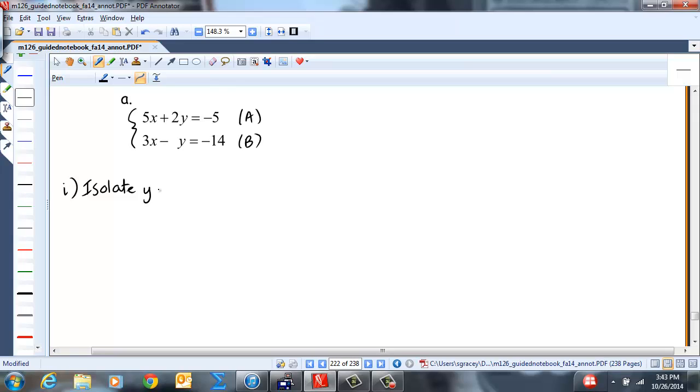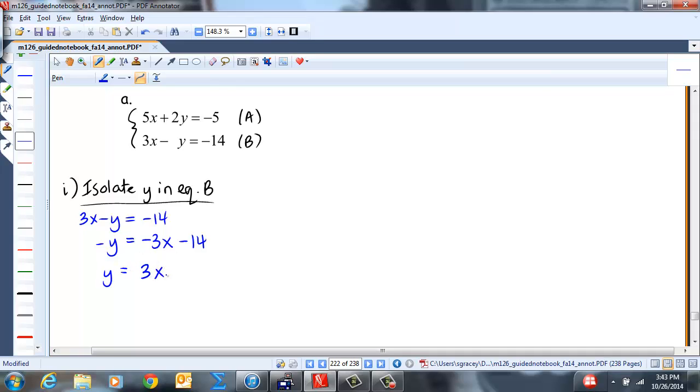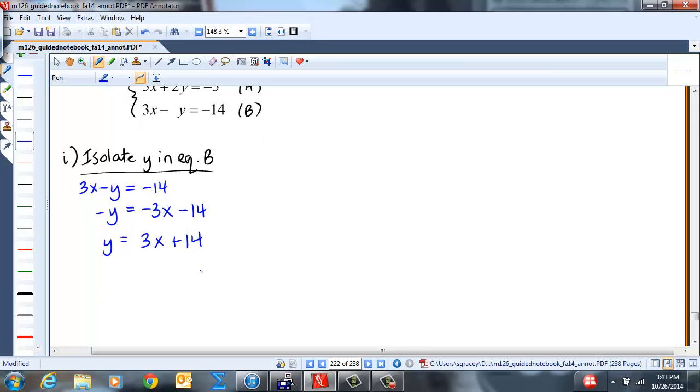Great, y in equation B. So we have 3x minus y equals -14. Negative y, if I subtract 3x from both sides, is equal to -3x minus 14. Now if I multiply both sides by -1 or divide by -1, every term turns positive. So now I've isolated y.